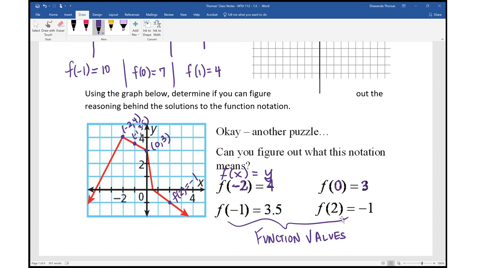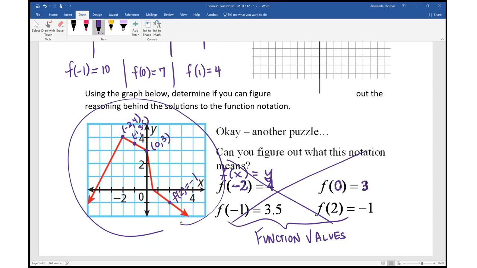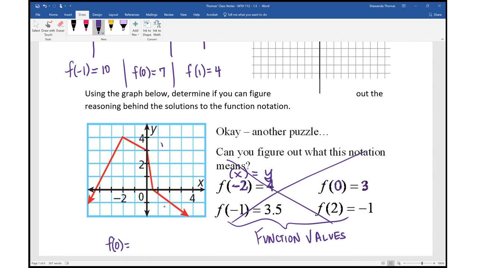So I can turn around and not give you this and just ask you, based off of this graph, what is f of 0 equal? Then if I didn't give you that information, you would land at 0 on the x-axis and meet the graph where the graph is, and there it goes.